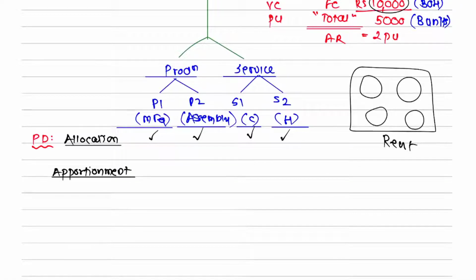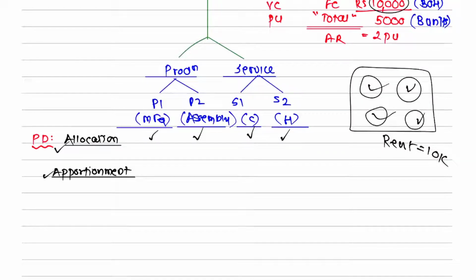The company has to take one suitable ratio. For rent, what will be the suitable ratio? Floor area, space occupied. Maybe total area is 10,000 square feet. How much each has occupied, you will divide in that ratio. That step is known as apportionment. In apportionment, the cost is given in totality, and that total cost you have to divide in a suitable ratio.